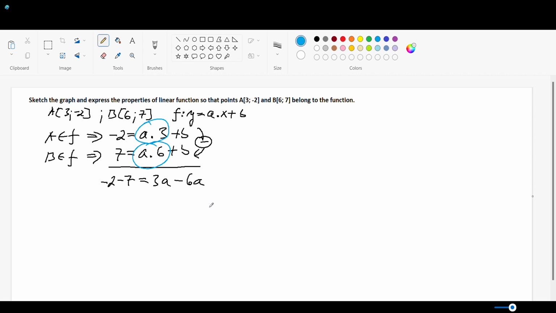And good news, this is what we found out during our lesson, that b minus b will cancel each other, so there won't be any b anymore.